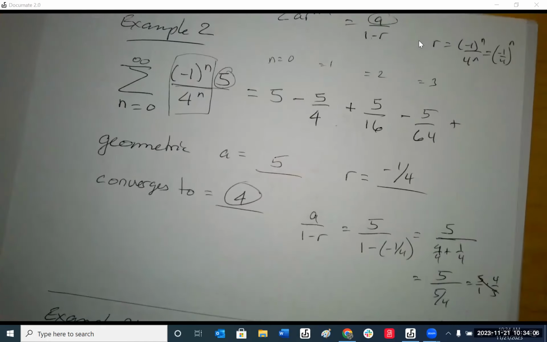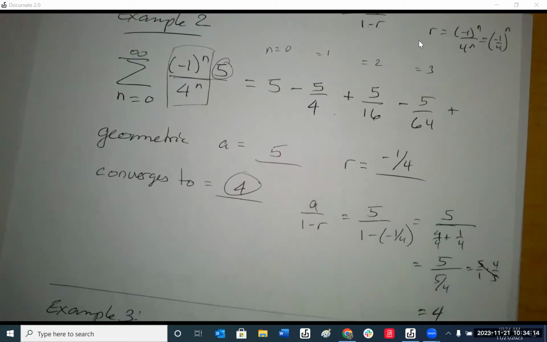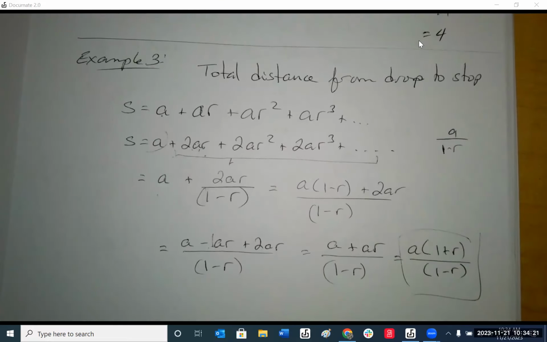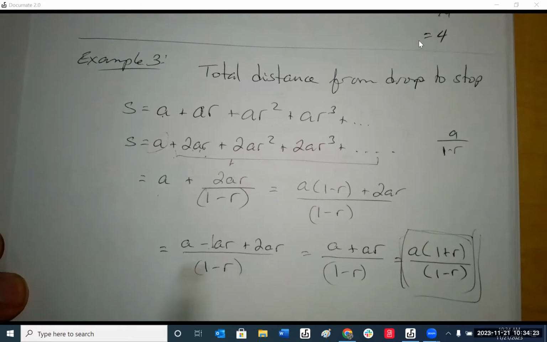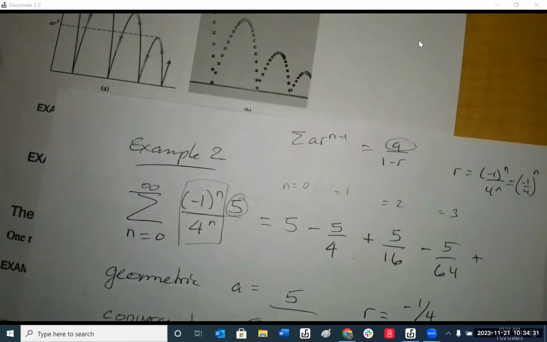Okay, what else did it tell us? What do we have to figure out now? We have to figure out what A is and what R is. Well, it's not telling us. This is just a general formula.